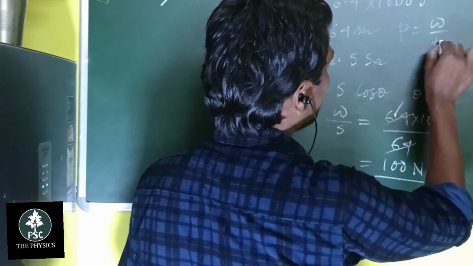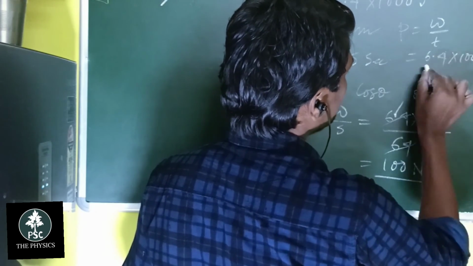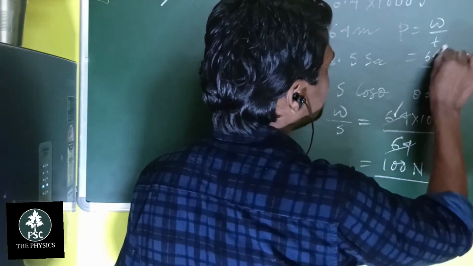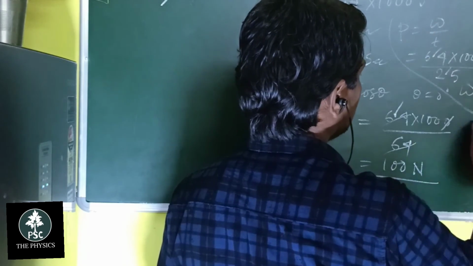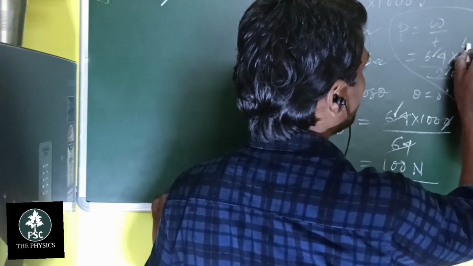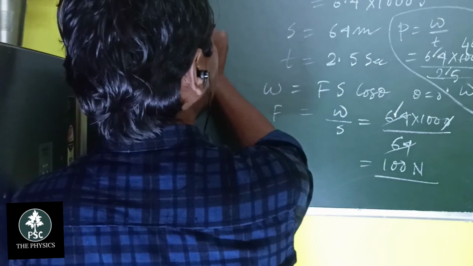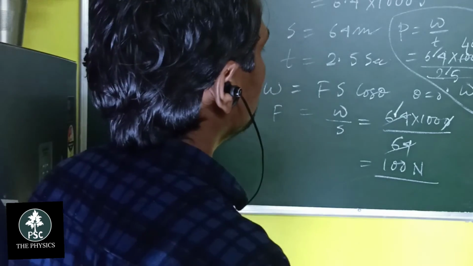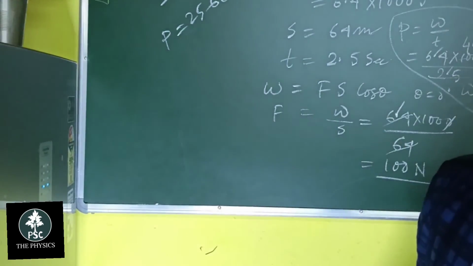work done by time, and the work done is 6.4 into 1000 by time, which is 2.5. You can cancel this one. So the power is 2560 watt.